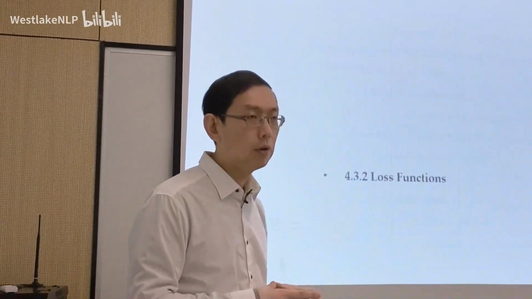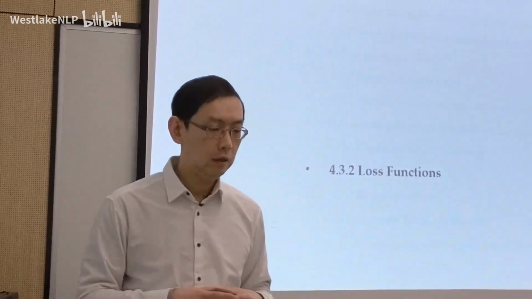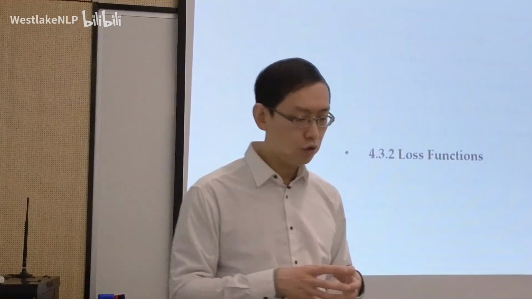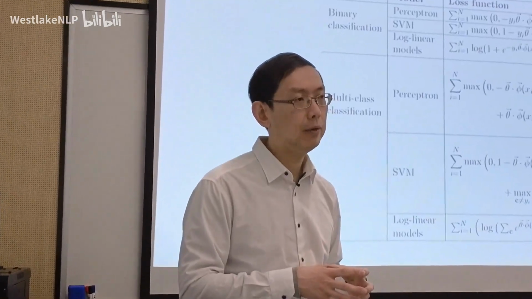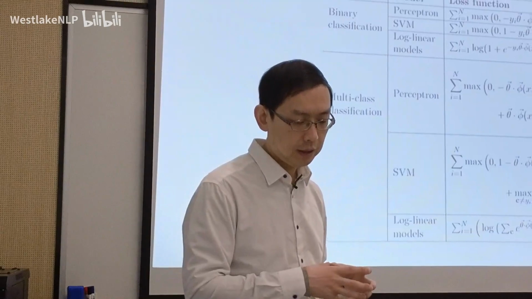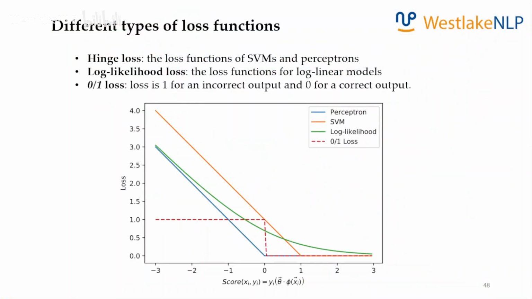Well, this will reflect some principal differences. We can draw the loss functions for binary classification. Let's see the figure. In the figure, we draw the correlation between the model score and the loss.